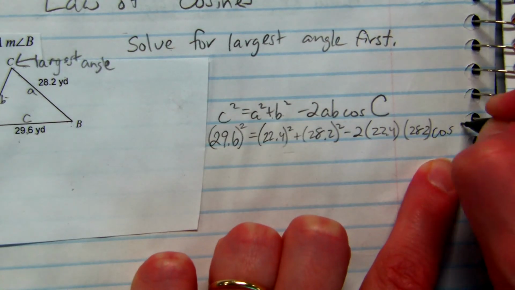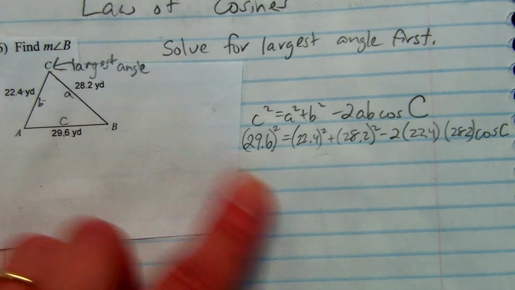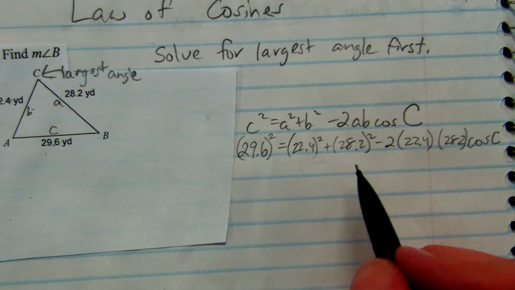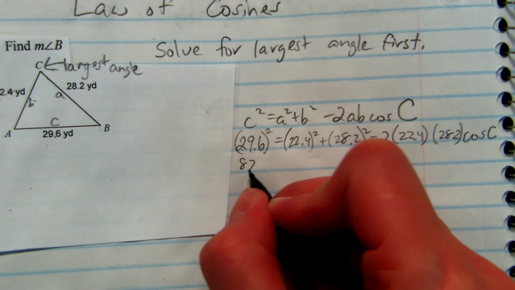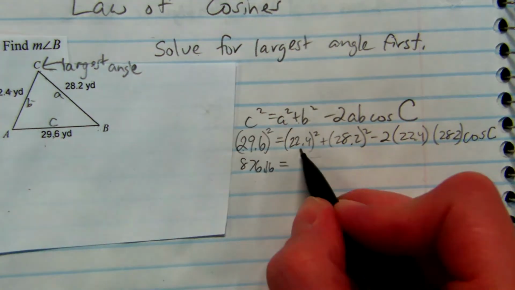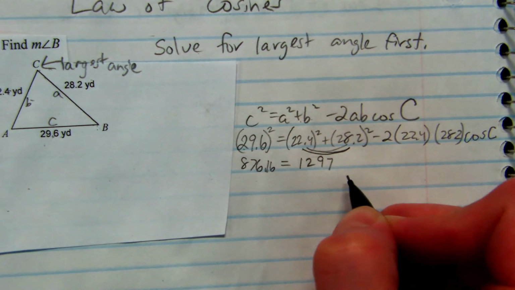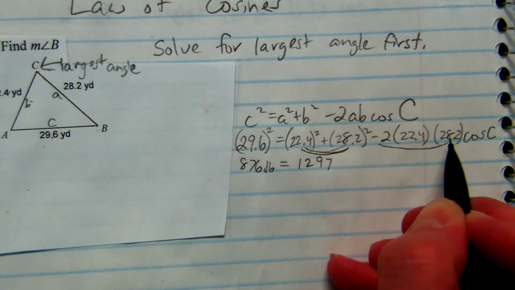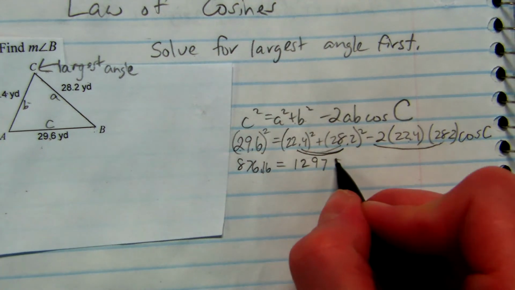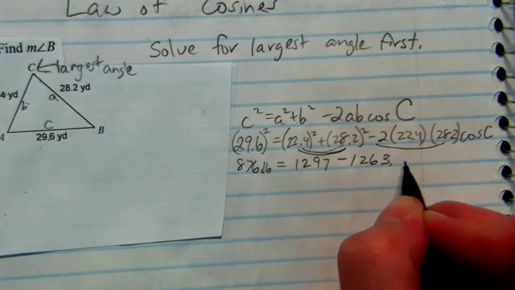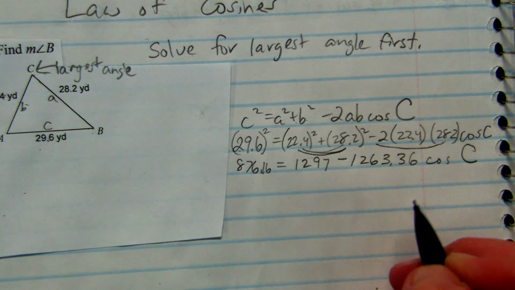So 29.6 squared comes out 876.16. And then I would put these two together next, and that comes out 1297. And then negative 2 times 22.4 times 28.2 comes out minus 1263.36 cosine of C. Okay, so we've got it all set up.